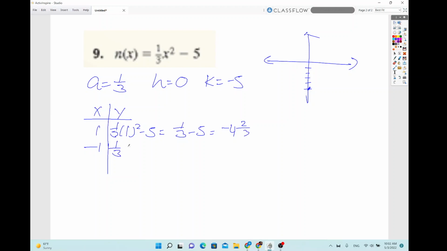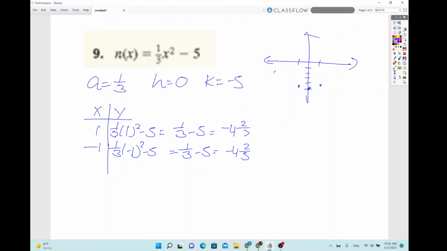And the other one is similar: -1 quantity squared minus 5, so it's 1/3 minus 5 again, -4 and 2/3. So plot the point 1, -4 and 2/3. And for the vertex, it started at 0, -5, so the parabola is going to be stretching horizontally, getting a little bit flatter.